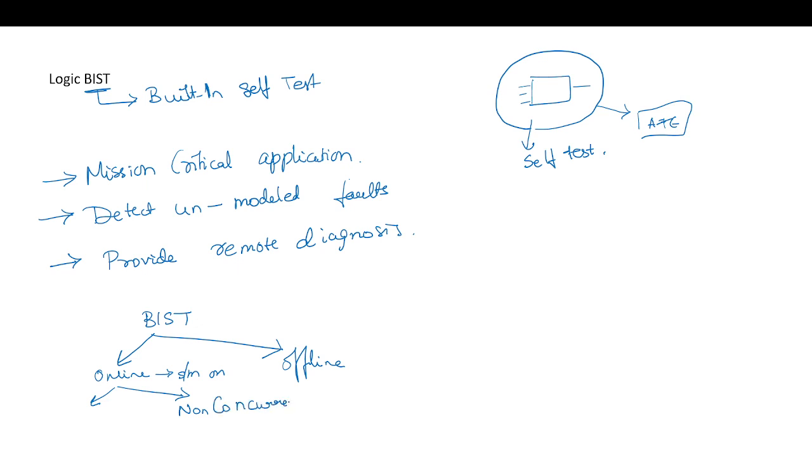This is called non-concurrent test. If the system is on and in normal operation and we are testing along with that, we call it concurrent test. In offline mode, we change to test mode and then test. We can have either structural test or functional test.